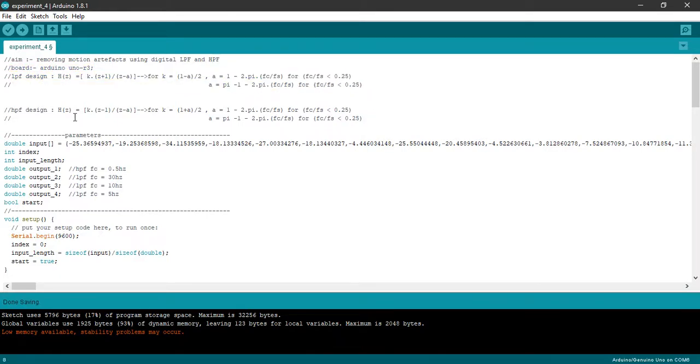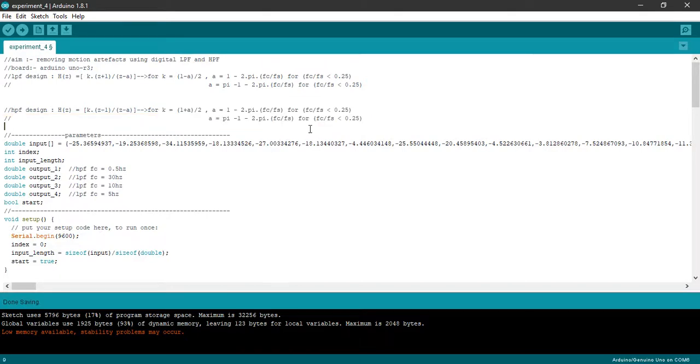In the HPF design it is a similar case. We can also obtain this filter design by substituting z as z into e power j pi. So this would be the design. That changes z plus 1 to z minus 1 over here, and the rest are given over here.